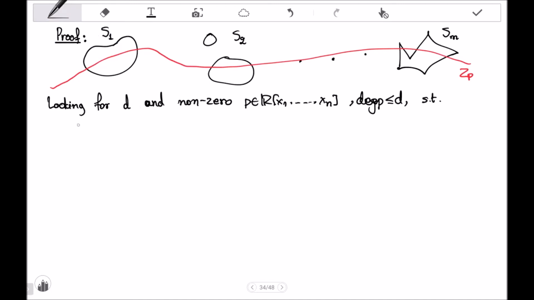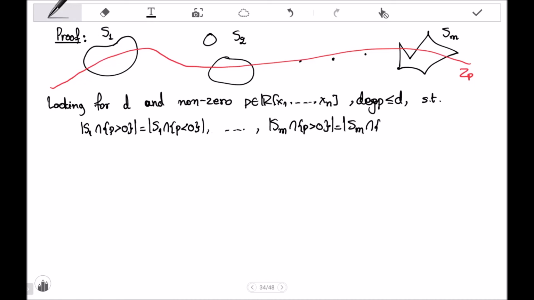In other words, such that the part of S1 where the polynomial is positive has the same volume as the part of S1 where the polynomial is negative. And so on, up to the final set. Its part where the polynomial is positive should have the same size as the part where the polynomial is negative. Okay. This means that I want to find the polynomial such that all these differences are zero.